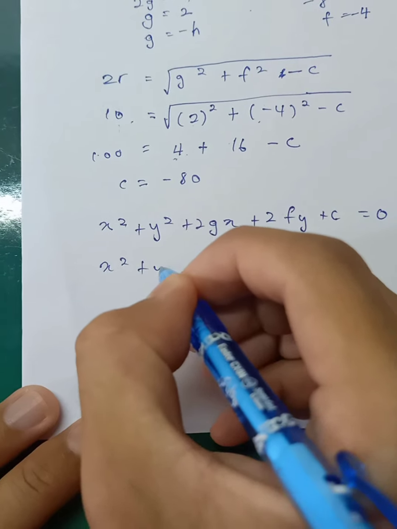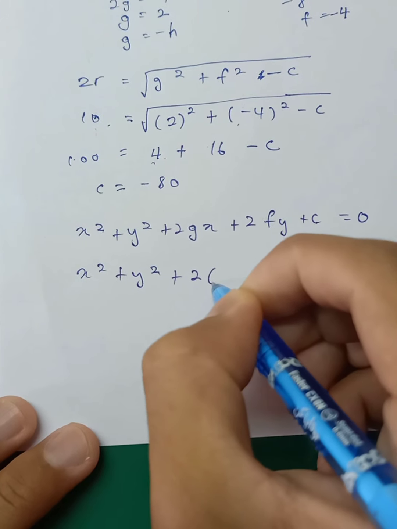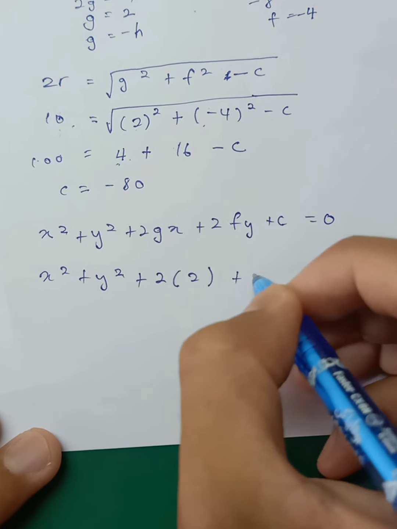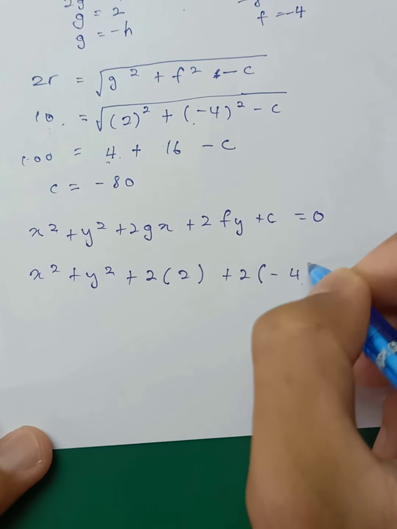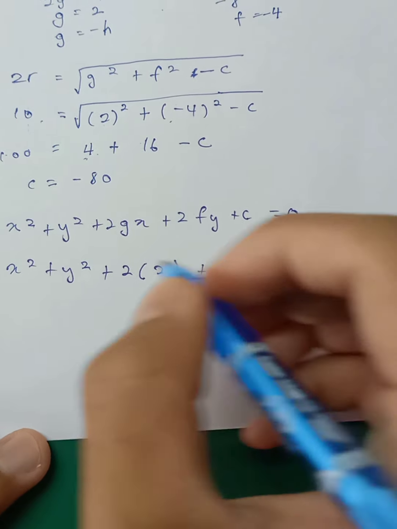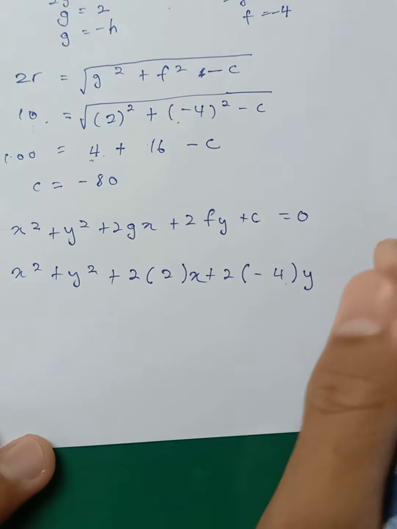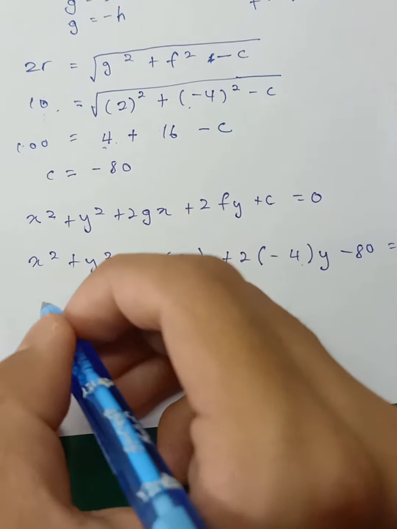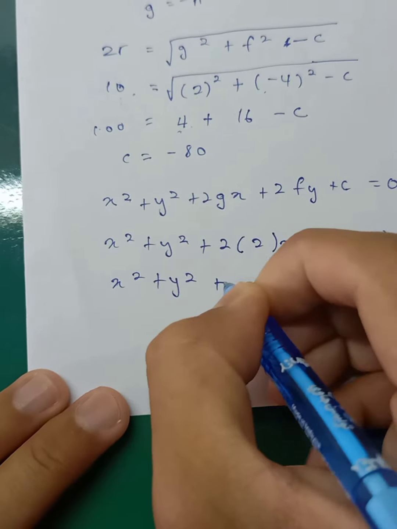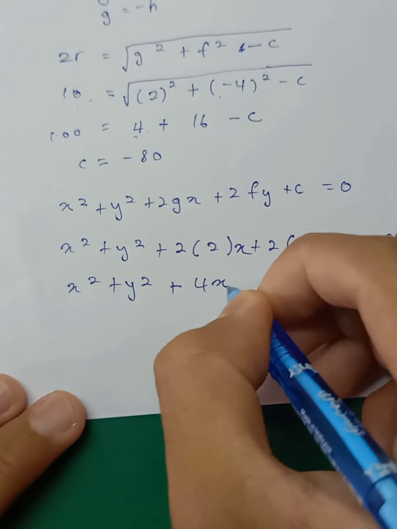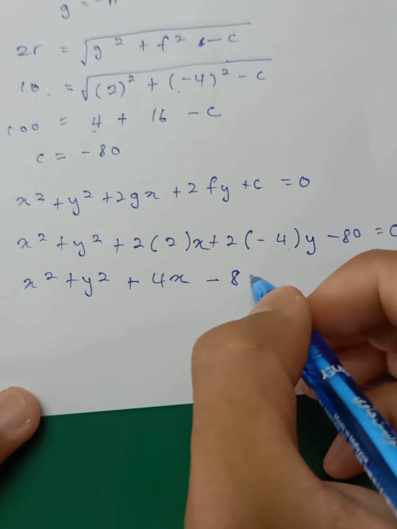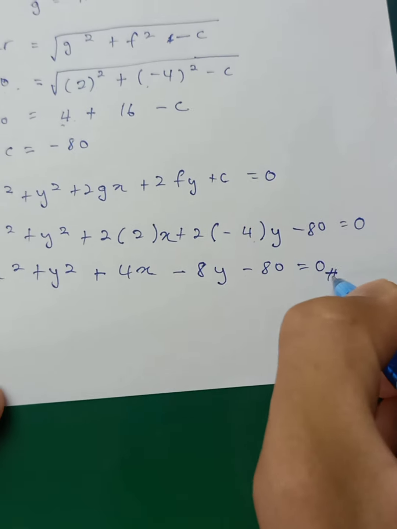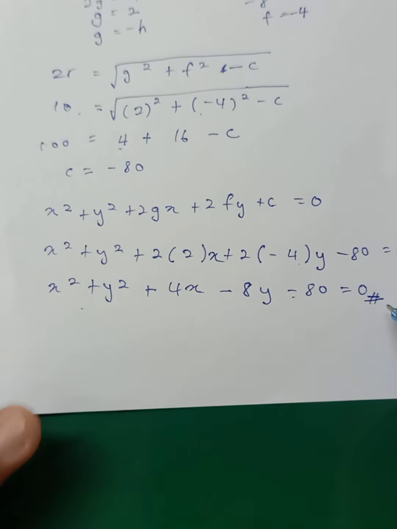Substitute x squared plus y squared plus 2gx, g is 2, plus 2f, negative 4, y, negative 80 equal to 0. So we got x squared plus y squared plus 4x minus 8y minus 80 equal to 0. So the general equation, that's the answer.